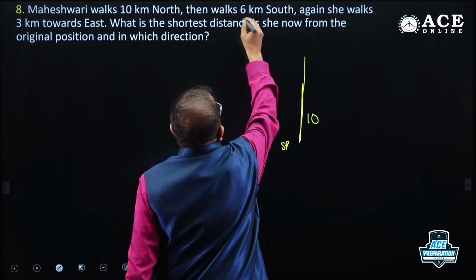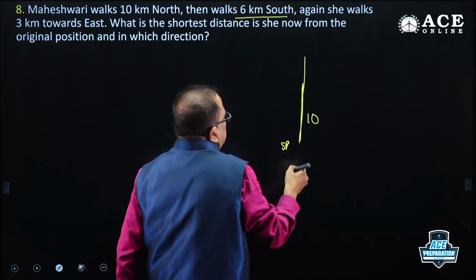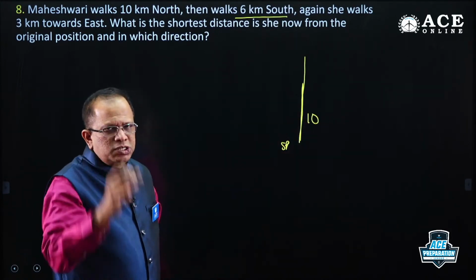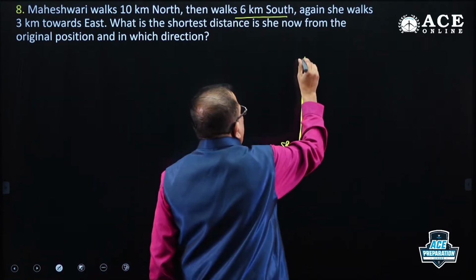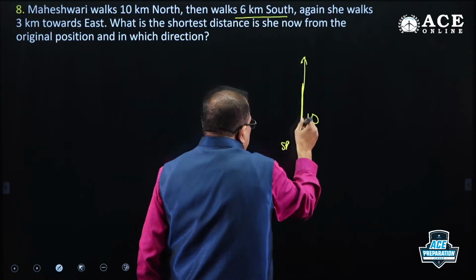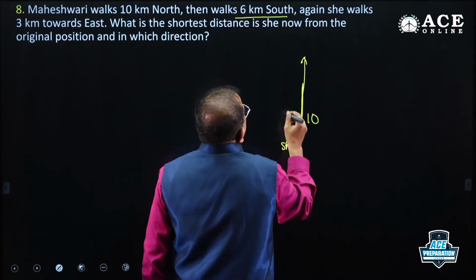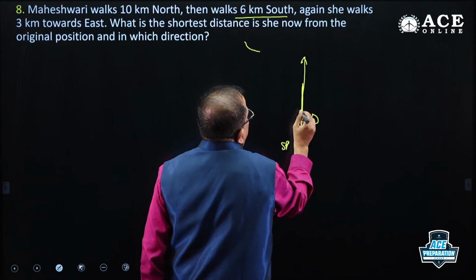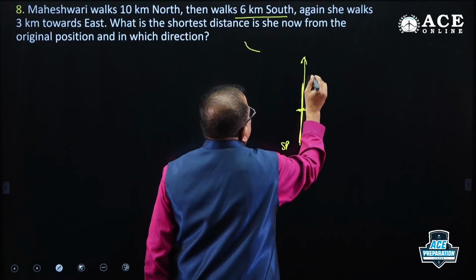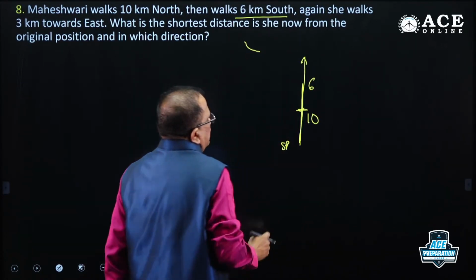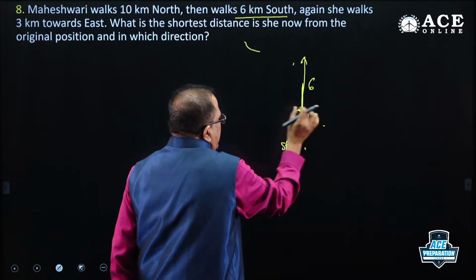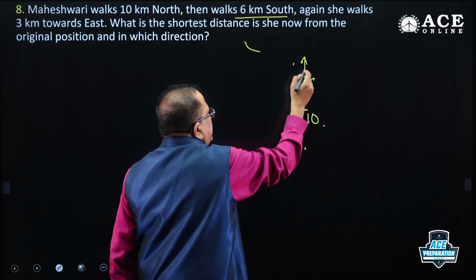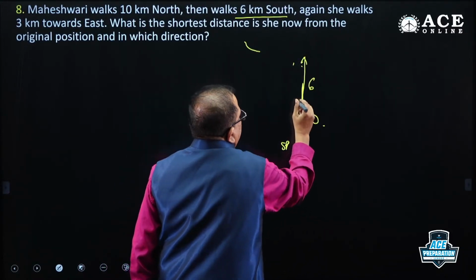Then what happened? 6 kilometers south. Clearly mentioned south. That means she went up to this place. Then again she started coming back. To what extent has she come back? 6 kilometers. So this is 6. From here to here it is 10. She went and she returned and she stopped here.